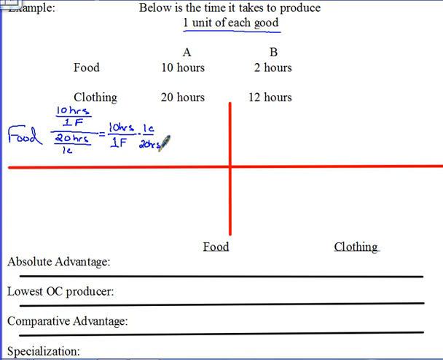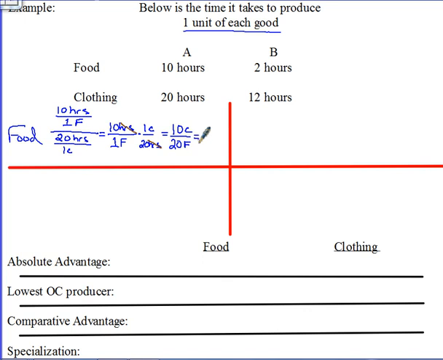And so then what's going to happen? Well, the hours are going to cross out. And when those hours cross, I'm going to be left with what? 10 times 1 clothing is 10 clothing, divided by 1 times 1 food times 20 is going to be 20 food.